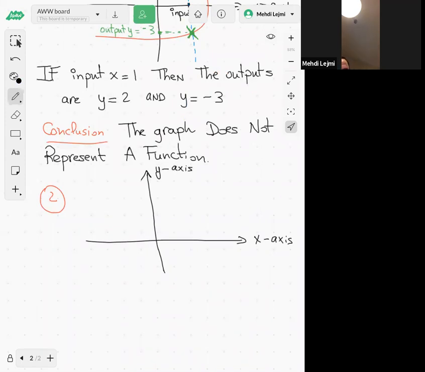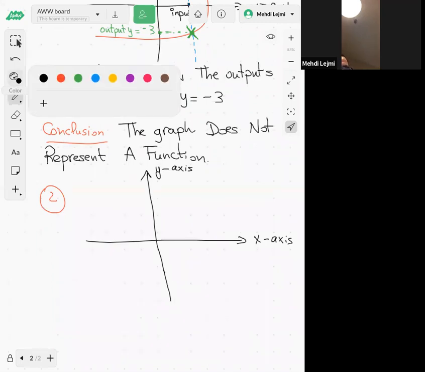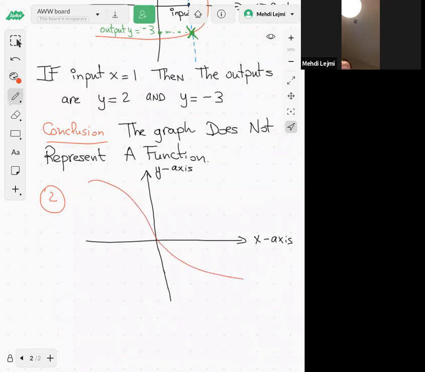Let's say you have this graph here, this curve here. Let's just take some values here. For example, let's say x is 1, x is 2, for example. I'm just taking random examples here. x is -1, x is -2.